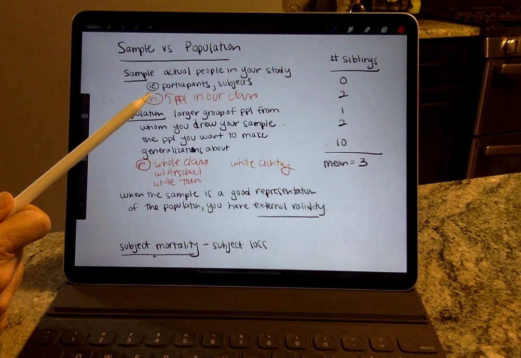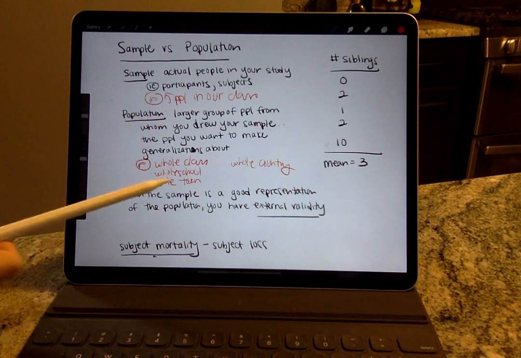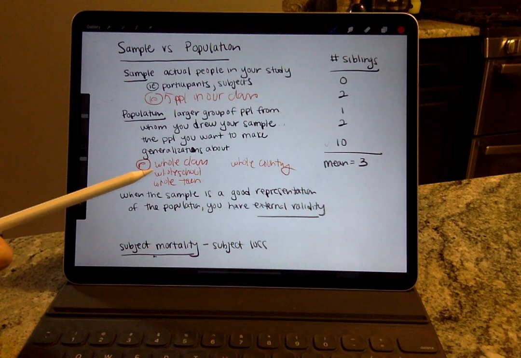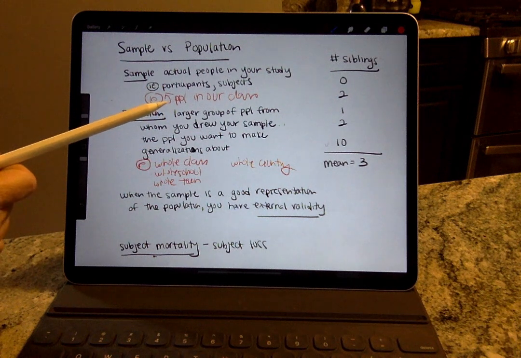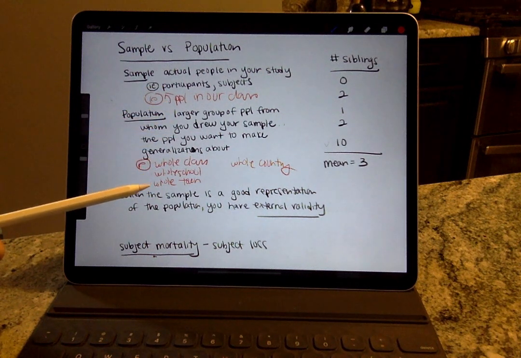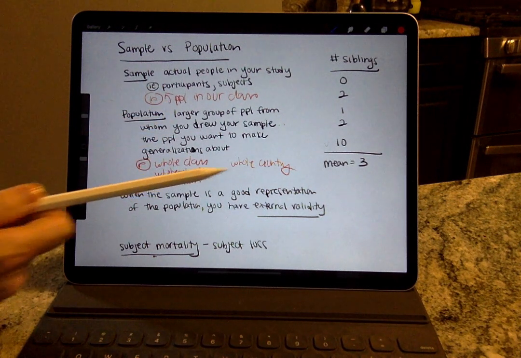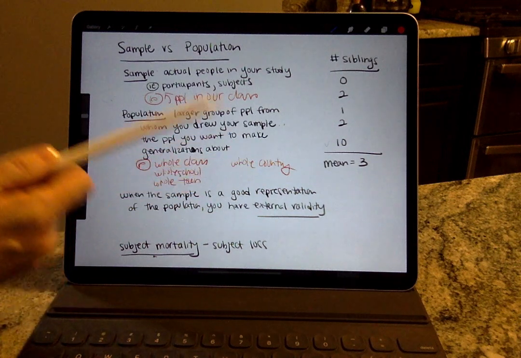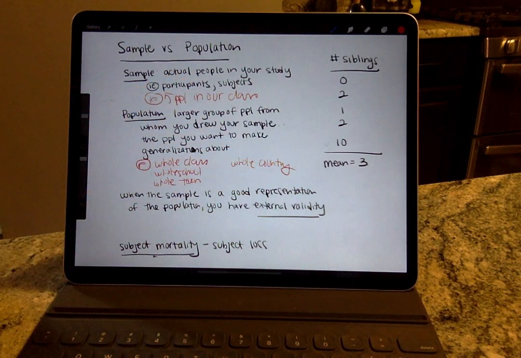If we're talking about our class, it's probably primarily psych majors. So do psych majors represent the whole school? You probably have a reduced external validity in this case. Moving even wider to the whole town, do 5 people in one college class represent a whole town full of people? Probably not. And going to the whole country, do 5 people in a single class represent the whole country?